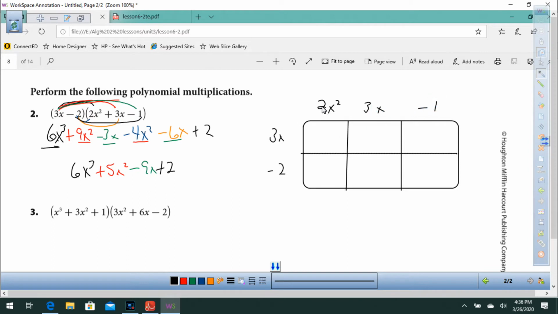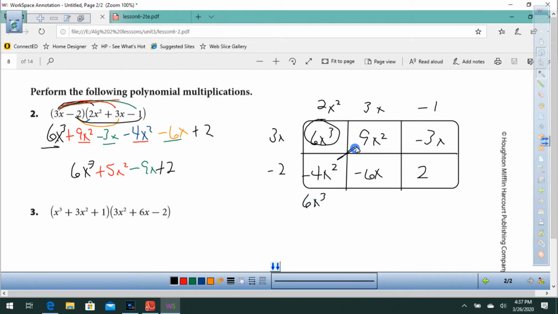3x times 2x squared would be 6x cubed. 3x times 3x would be 9x squared. 3x times negative 1 is negative 3x. Negative 2 times 2x squared would be negative 4x squared. Negative 2 times 3x is minus 6x. And negative 2 times negative 1 is positive 2. You'll notice you've got 6x cubed.